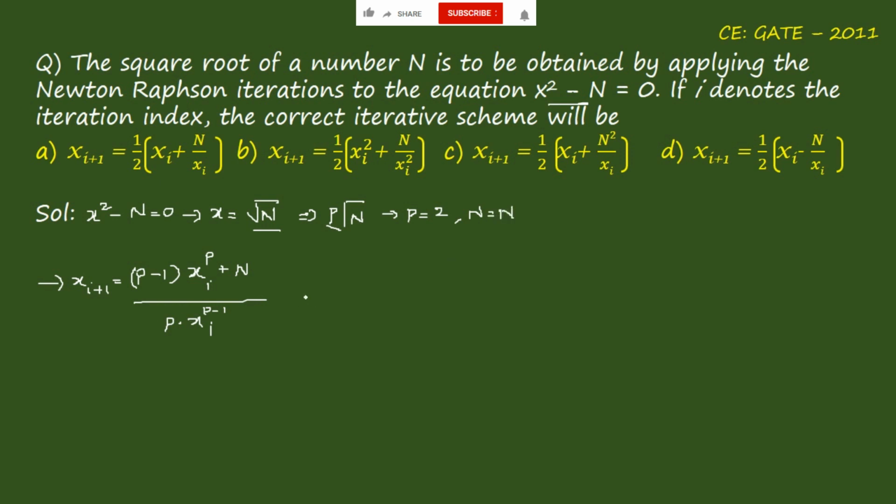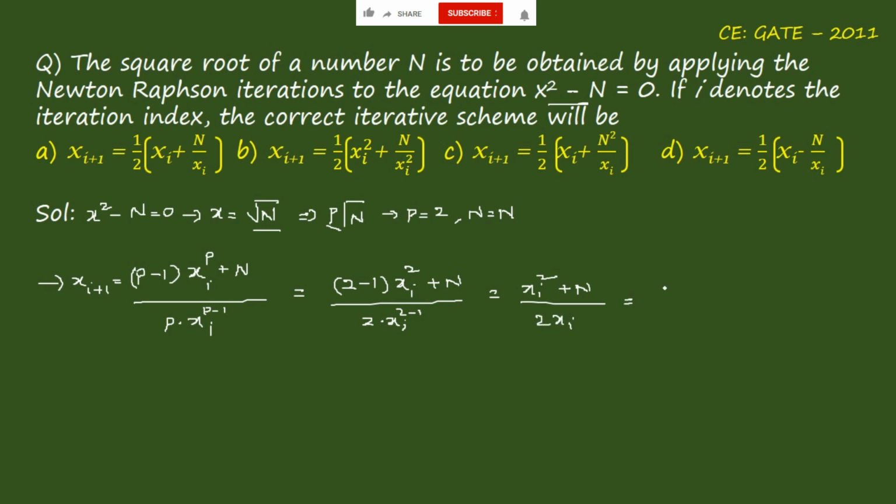Substituting the values, we get (2 minus 1) x of i power 2 plus n by 2 into x of i power 2 minus 1, which is equal to x of i square plus n by 2 into x of i.